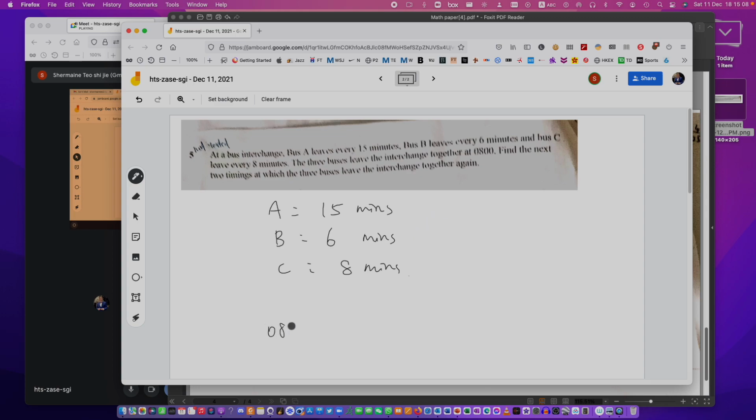A, B, C, they all leave. Find the next 2 timings at which the 3 buses leave the interchange together again. So between these 15, 6 and 8, you need to find the HCF and the LCM.